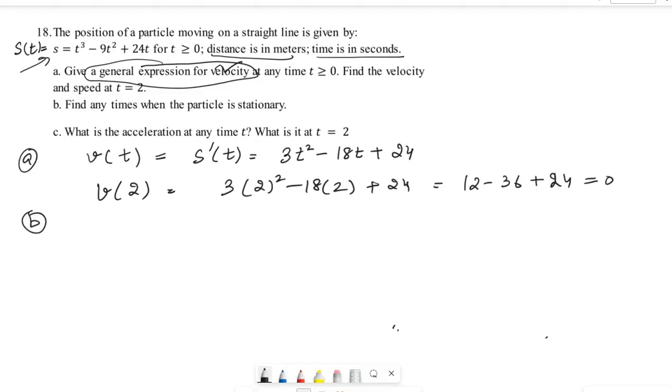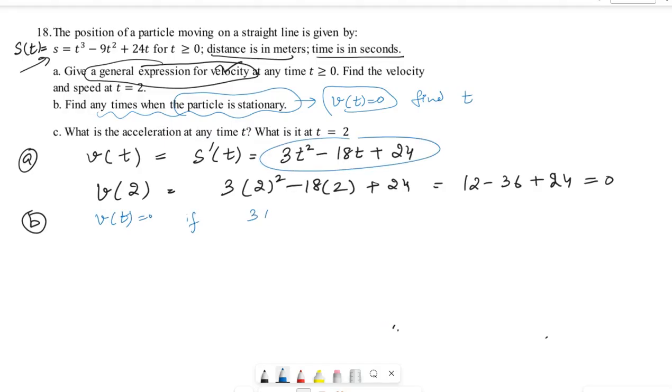Okay. Part B. Any time when particle is stationary. What does stationary mean? Stationary means it's not moving. Not moving means velocity at that time is 0. So we need to find time when velocity is 0. So velocity is 0 if this thing is 0. 3t square minus 18t plus 24 is equal to 0. This is a quadratic equation. We can factor 3 out.